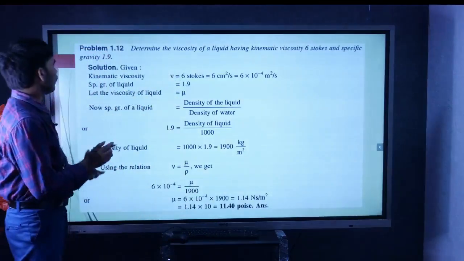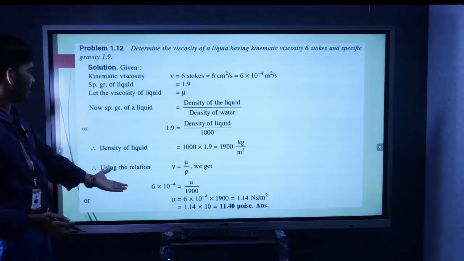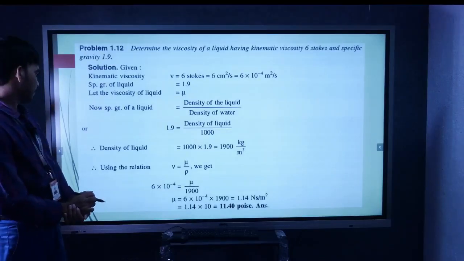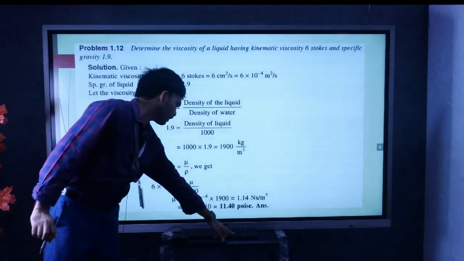So if you calculate, finally you will get 11.4 poise.